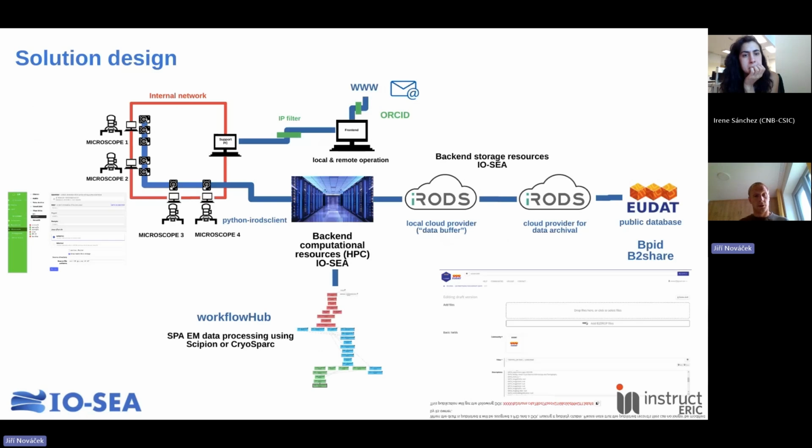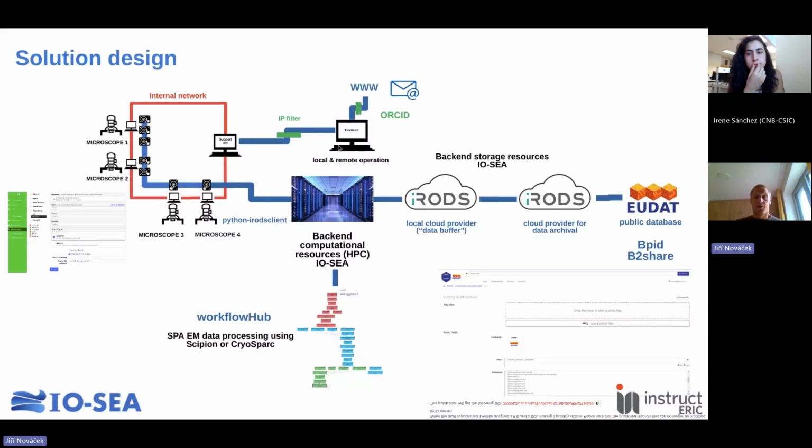So here is the graphical display of the system that we've developed and we are now using. We have our microscopes that are in the internal network, not accessible from the internet, and within that network we have a single instrument that has a secured connection to the web server.